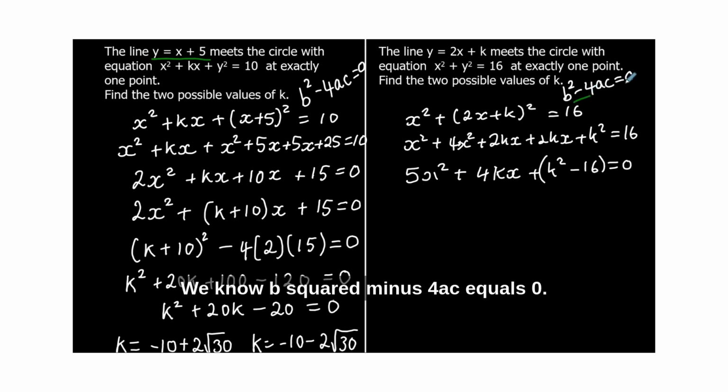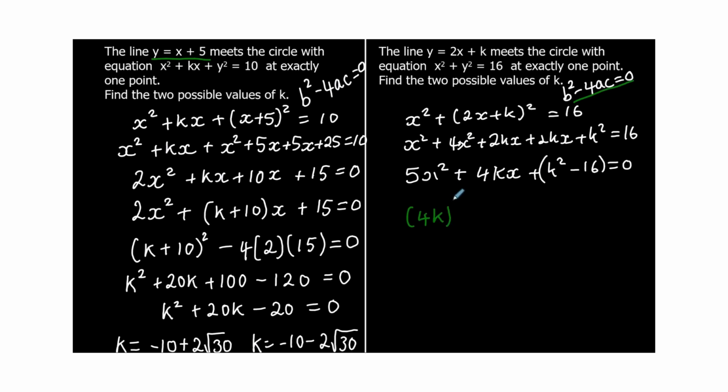We know b squared minus 4ac equals 0. So that means (4k) squared, 4k times 4k, minus 4 times a, which is 5, times c, which is k squared minus 16, equals 0. So 4k times 4k is 16k squared.